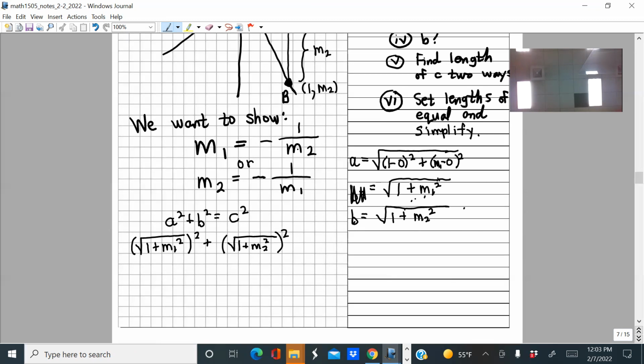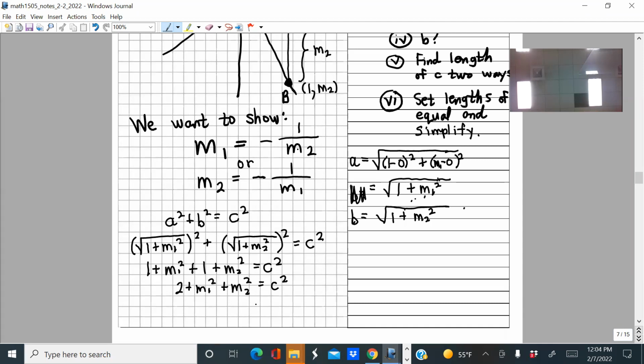Square that, equals, don't forget, C squared, not just C. So that squaring gets rid of the square roots. Of course, you can add the 1 and the 1 together, so you get 2 plus m sub 1 squared plus m sub 2 squared equals C squared.